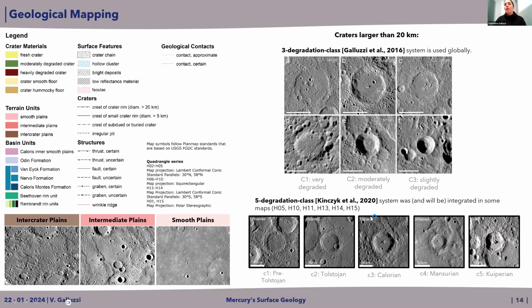And this is often applicable to craters that are larger than 40 kilometers. In our geological maps, we often map also craters that are larger than 20 kilometers. So we often prefer this 3-class system that allows us for a more simple and direct classification of these craters.